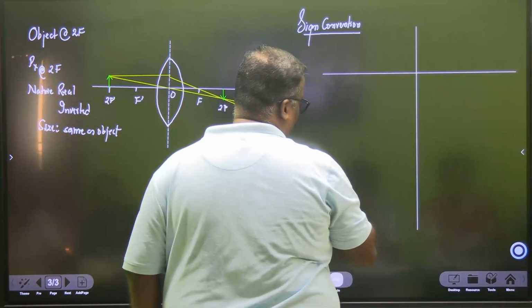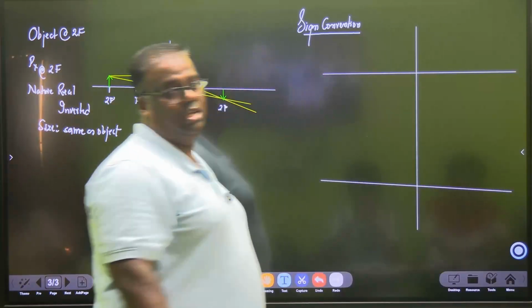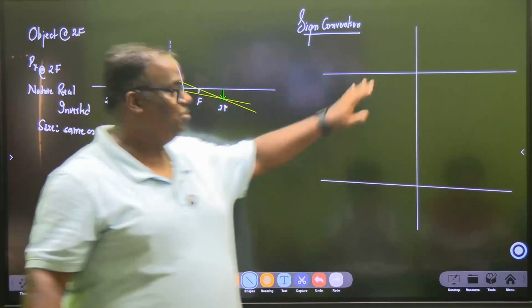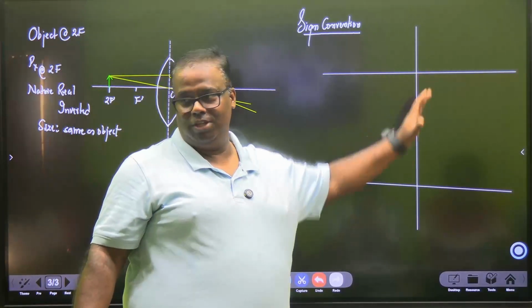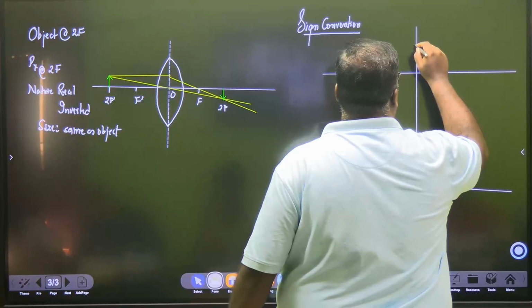I am making a combo diagram. You all are senior enough now to understand. I'll make one for convex, one for concave also.